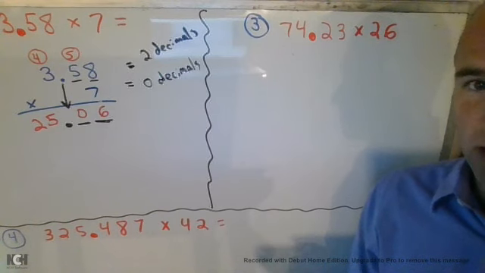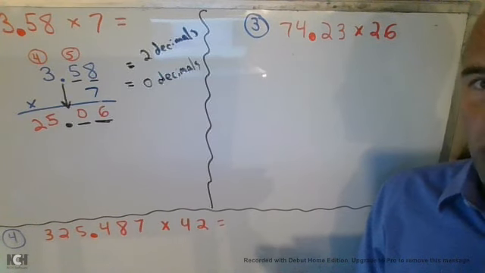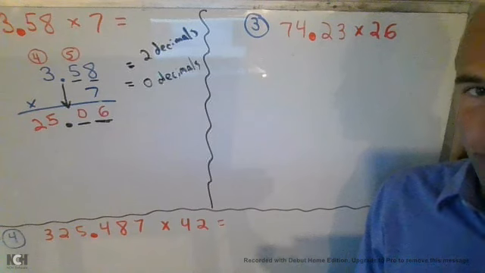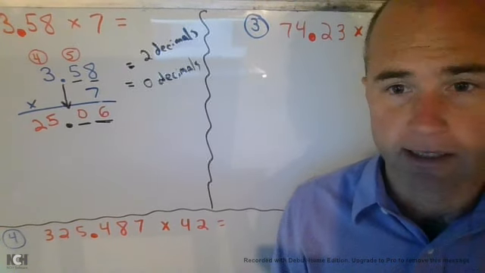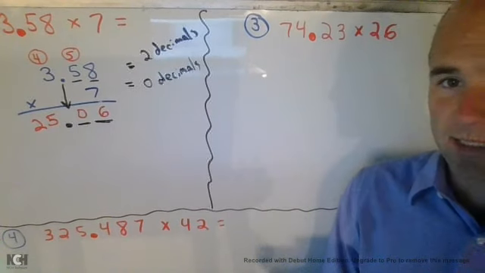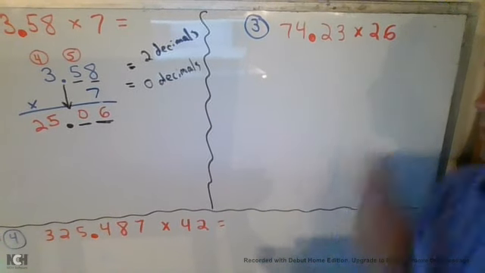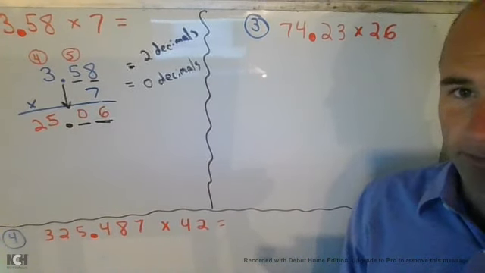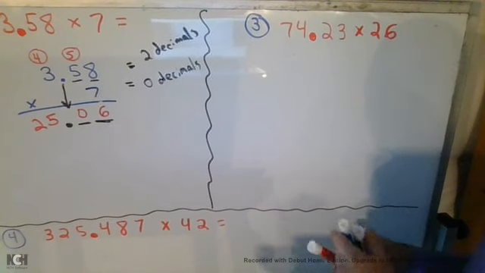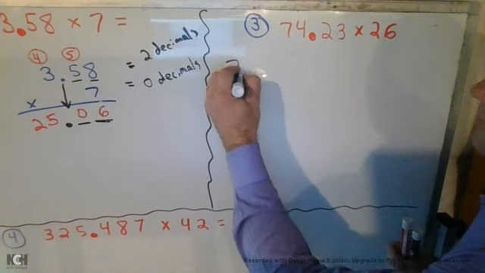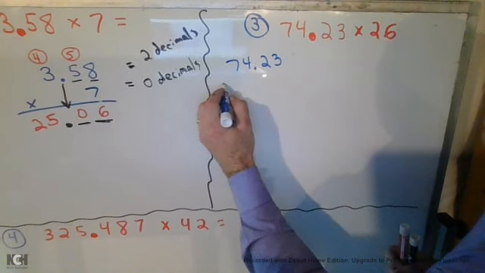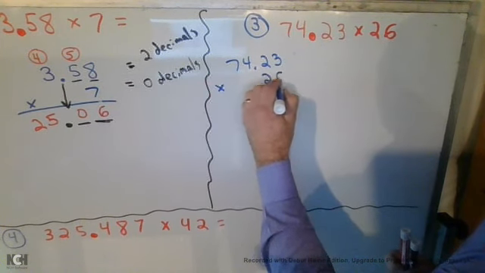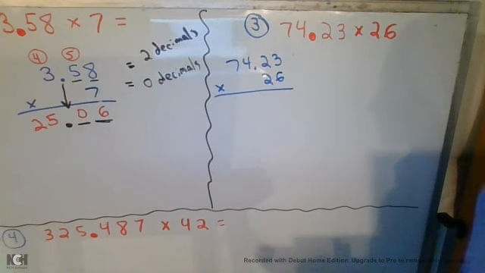So think back to the 2 different strategies we used when multiplying a 2-digit number. Now I recognize in most of my Zoom classes, most students like the second strategy where we broke up the 26. Okay? So you might do a strategy of 74 and 23/100 times 26, which was the first strategy that we worked on.